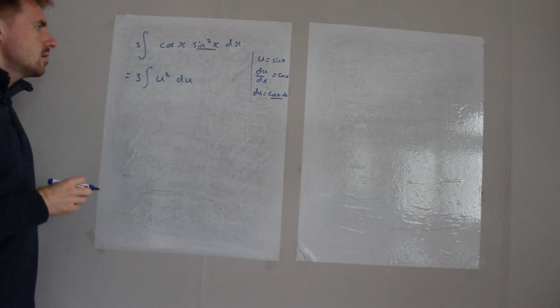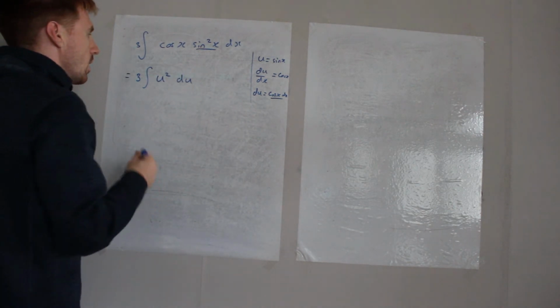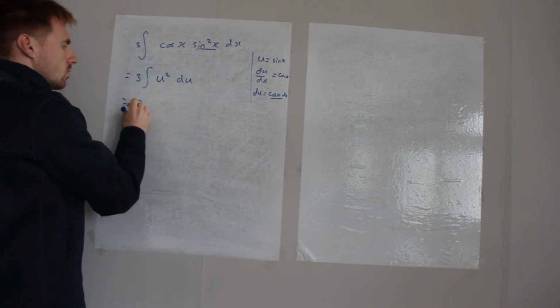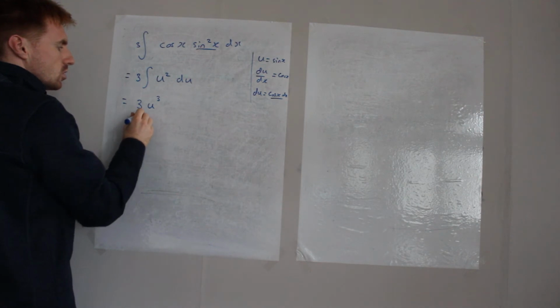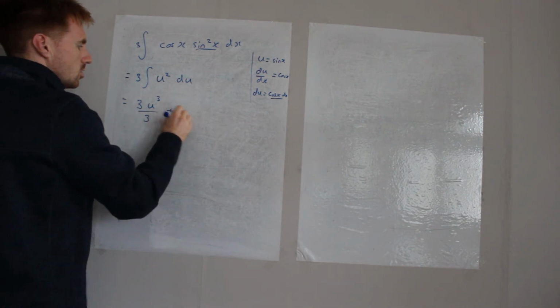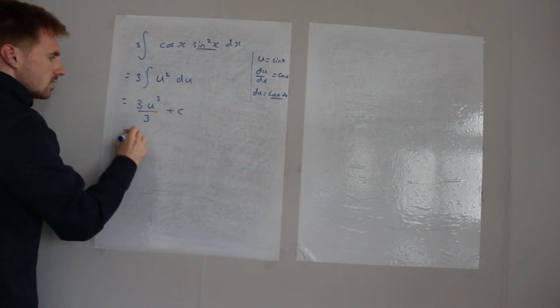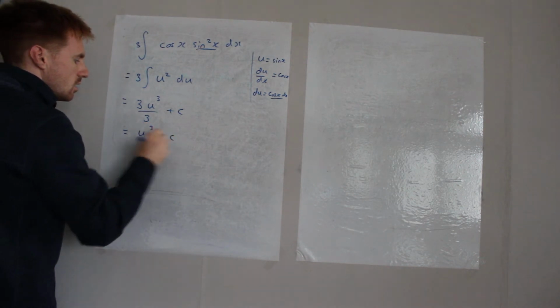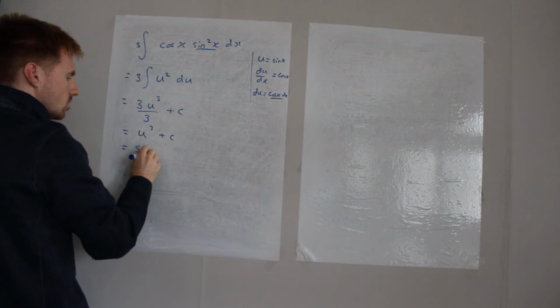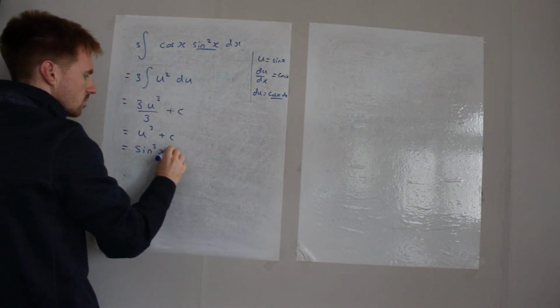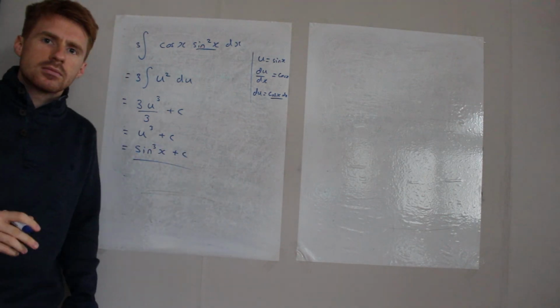So I've got 3 times the integral of u squared du. Integrating this gives u to the 2 plus 1, which is 3, divided by 3, plus c. The 3s cancel, giving u cubed plus c. Or, u is sine x, so therefore sine cubed of x plus c.